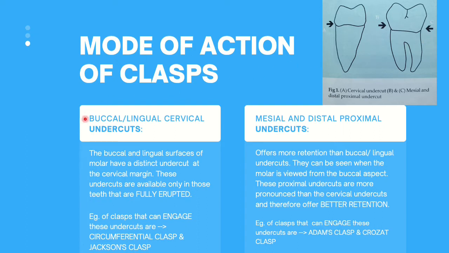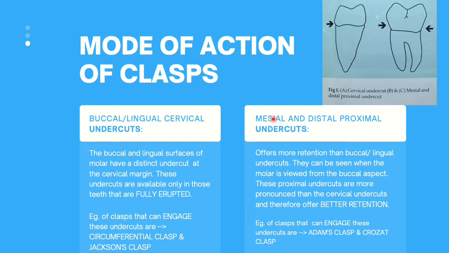What are buccal and lingual cervical undercuts? The buccal and lingual surfaces of the molar have a distinct undercut at the cervical margin. These undercuts are available only in teeth that are fully erupted. Examples of clasps that can engage these undercuts are circumferential clasps and Jackson clasps.